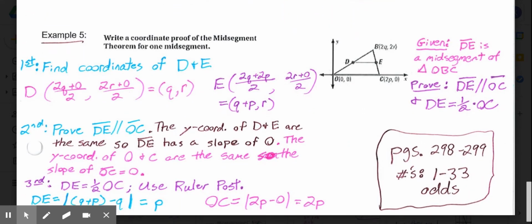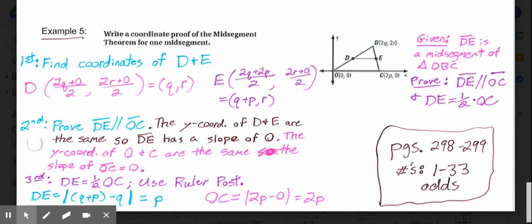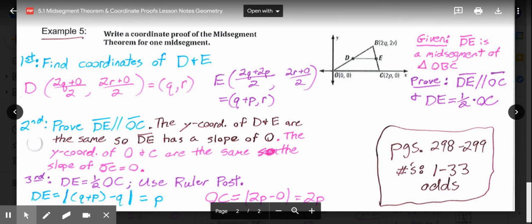Then we get down to our final example for today. Example 5 asks you to write a coordinate proof of the midsegment theorem for one midsegment.